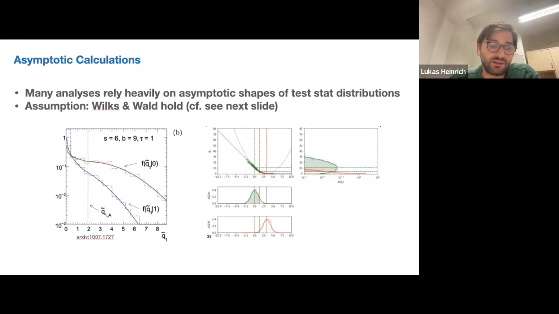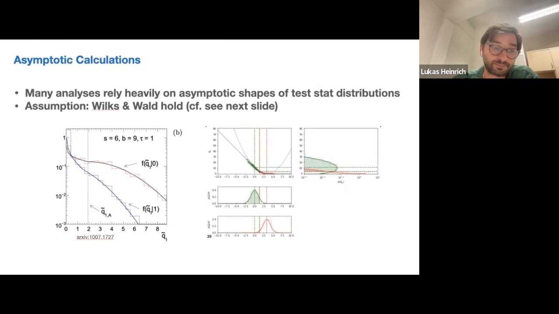It turns out that particle physics, once you did all this compression and approximation of the likelihood, very often stays within the assumptions of the asymptotic theory, and then we use Wilks' theorem and Wald's asymptotic theory in order to do our inference, and you can estimate what the sampling distribution is for these test statistics. Very often they will be chi-square.